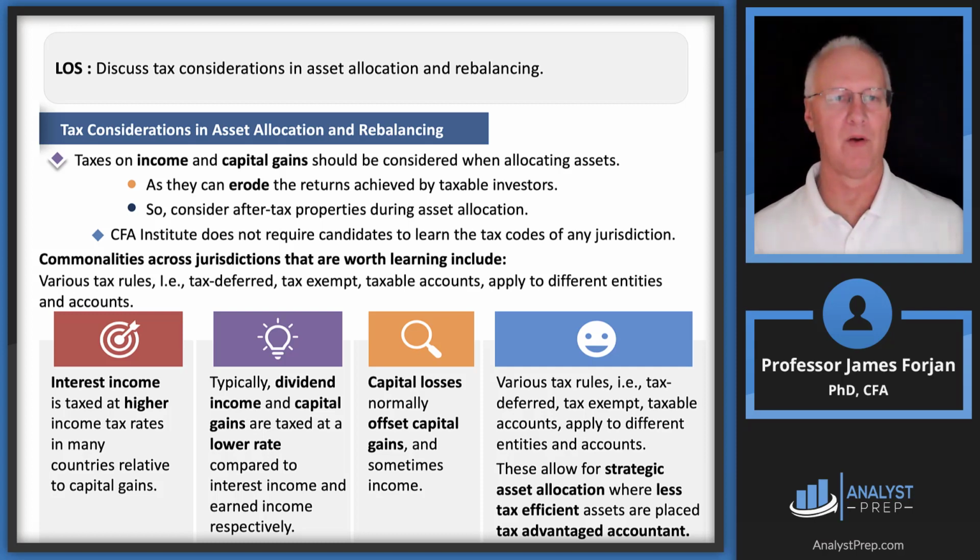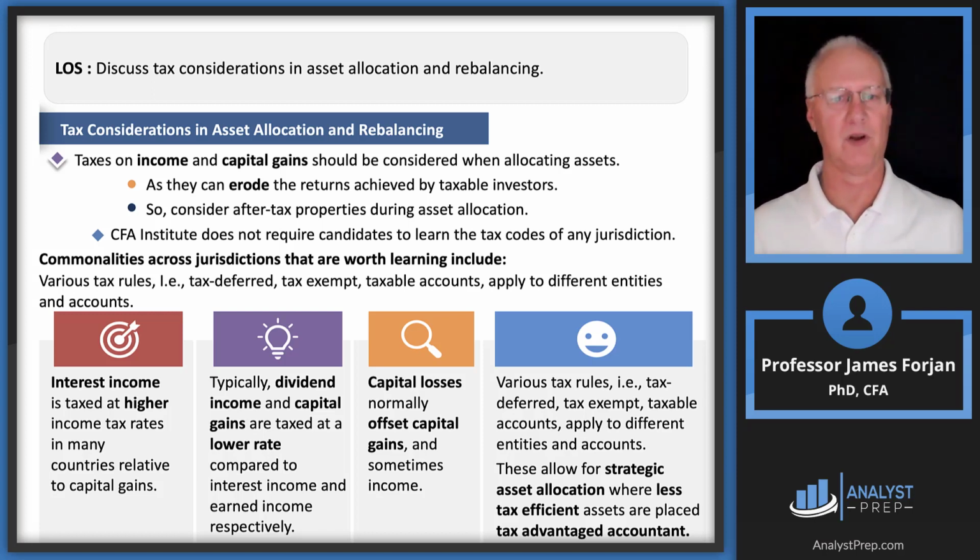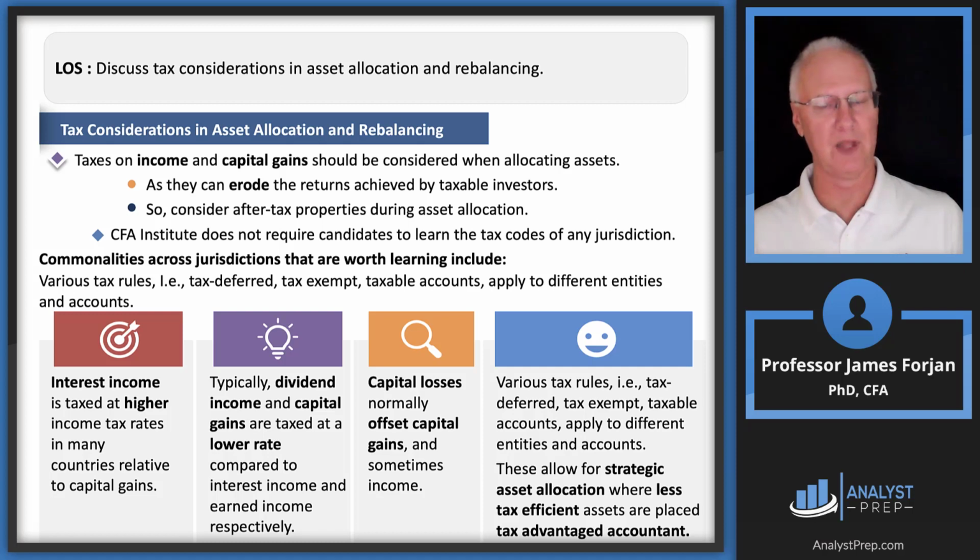All right, how about an LOS on tax considerations here? So I'm guessing that you know this from Level 1 and Level 2. What do we have? We have interest income on bonds. We have dividend income on equity securities. We have capital gains and losses on stocks and bonds, but we also have capital gains and losses on alternative investments, right?